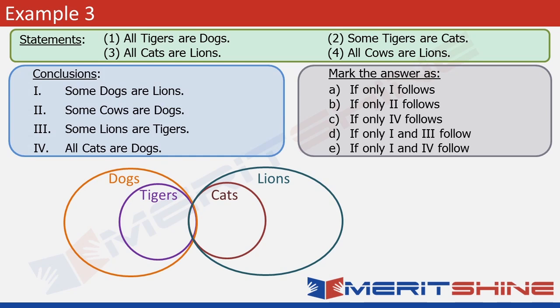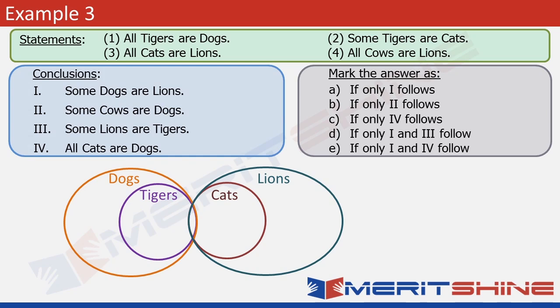That's minimum overlap. Please understand that it does not mean that there can be no lion that can be a tiger but not cat. It only means that that's a possibility, not a necessary condition. And in these diagrams, we show only the necessary conditions. Hope that's understood. Now let's look at the last statement.